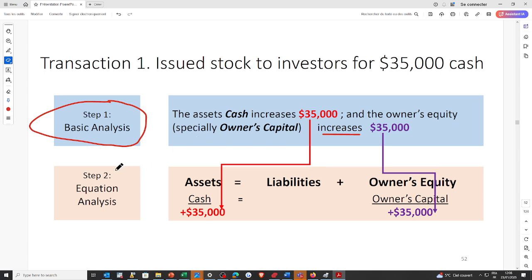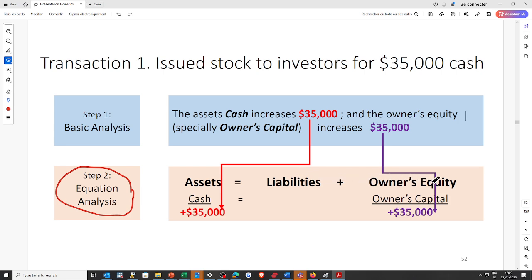The second step now, you have to update this information in the accounting equation. So we have step 2 here, right? We write asset equals liability plus owner equity. We have a cash increase in the amount of 35,000. We have an owner's capital increase of 35,000.